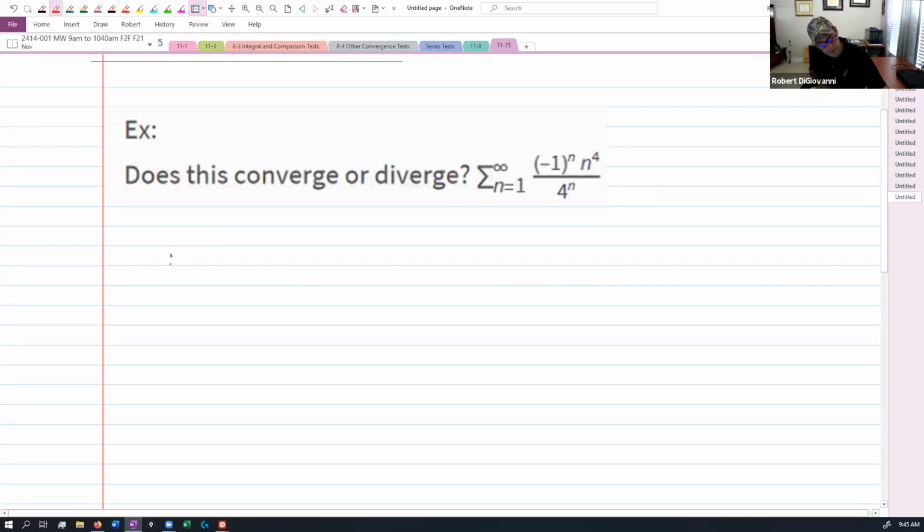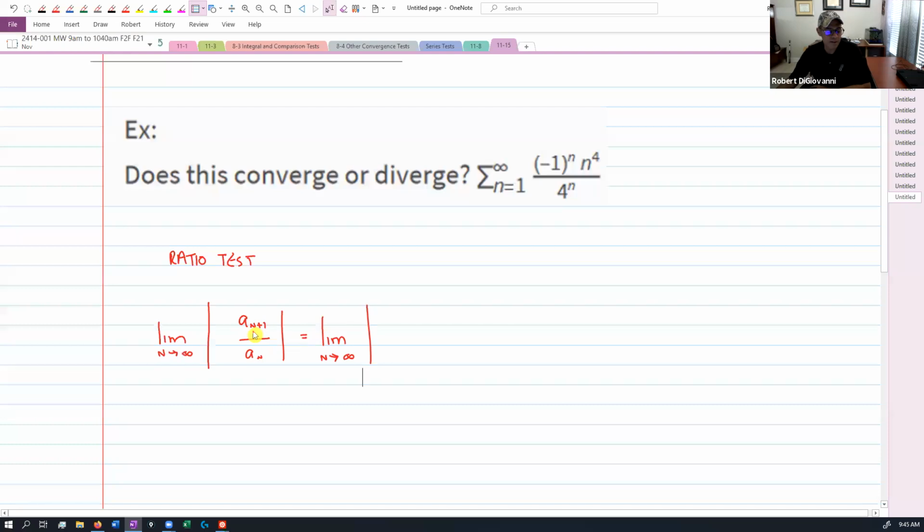So here it comes, ratio test. I'm going to run this limit. The limit as n goes to infinity of the absolute value of a sub n plus 1 over a sub n, which equals the limit as n goes to infinity of the absolute value.